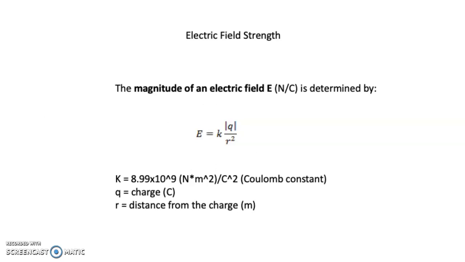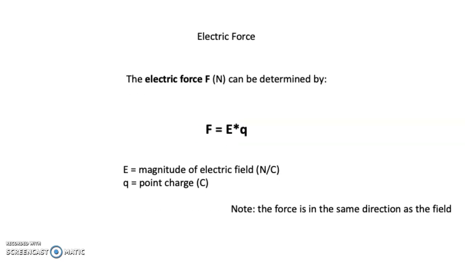So how do we determine the electric force that will act on another charge placed in an electric field? The electric force, which we'll call F, can be determined by the electric force equation. That is, the force is equal to the magnitude of the electric field times the point charge of interest.